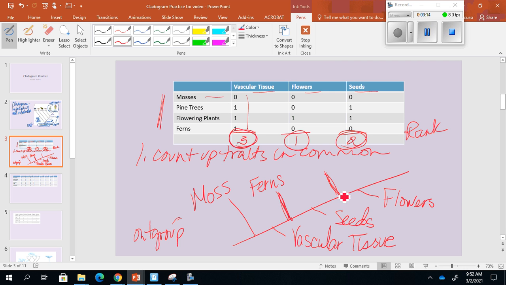And who does not have flowers? Pine trees. Well, these also don't have flowers, but who's the next one to separate out? So pine trees don't. And then the one that does have flowers is a flowering plant or an angiosperm. So that's how you create a cladogram from a data chart.